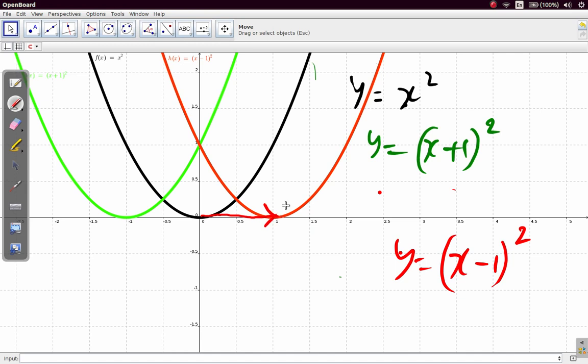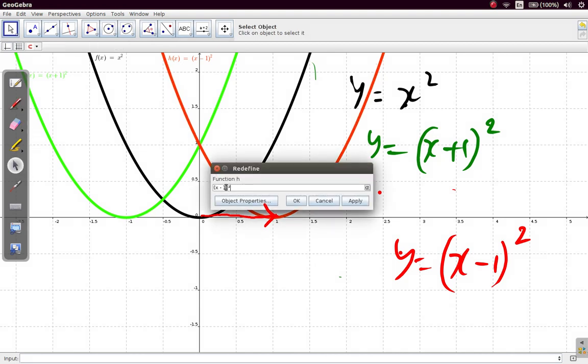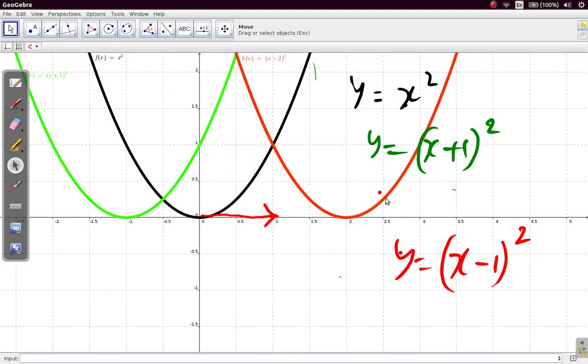Alright, so there we go. Suppose we say x minus 2 squared. It moves it 2 places to the right.